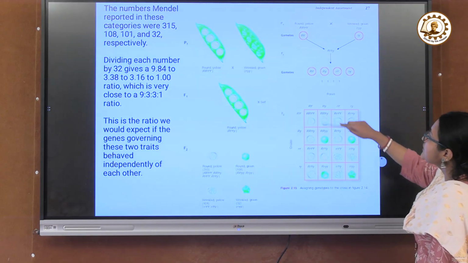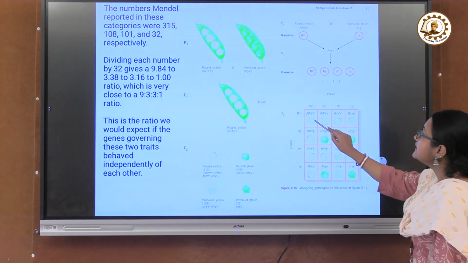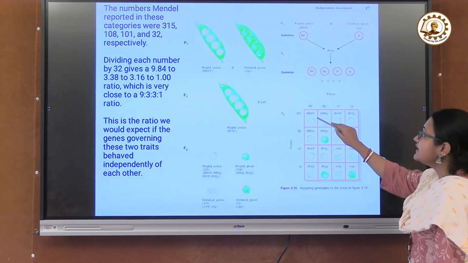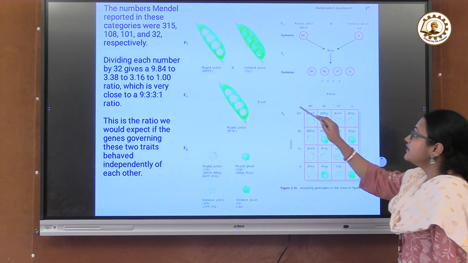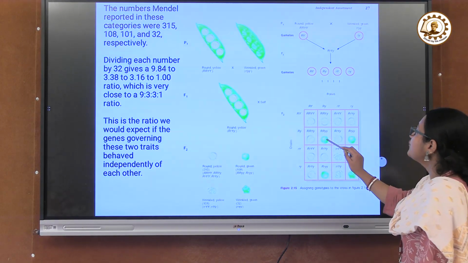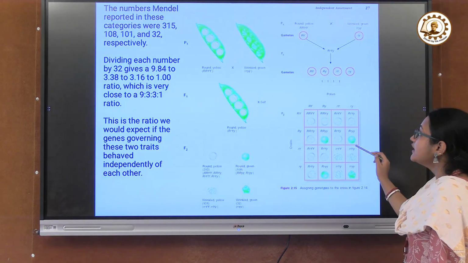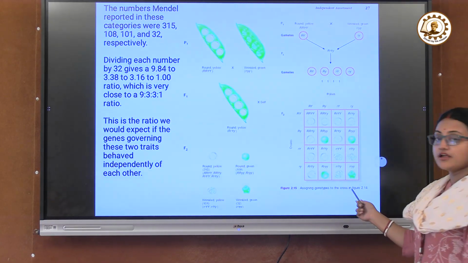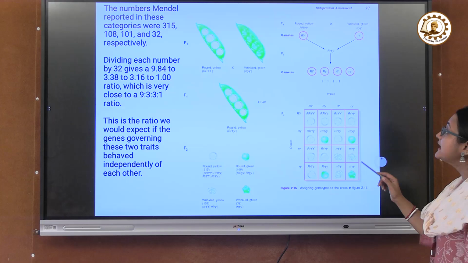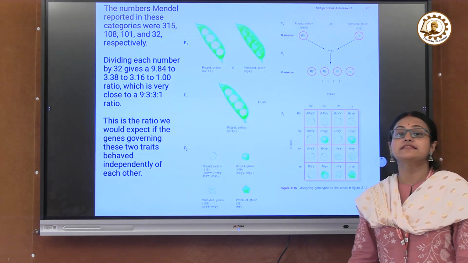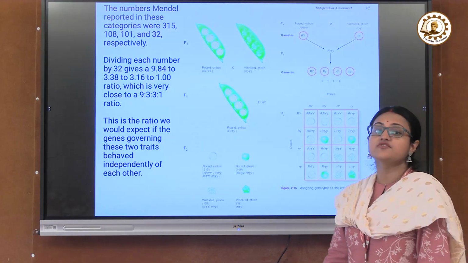Based on the crossing, a total of 9 round and yellow were observed, 3 round and green, 3 wrinkled and yellow, but only 1 wrinkled and green was observed. So the phenotypic ratio is 9:3:3:1.